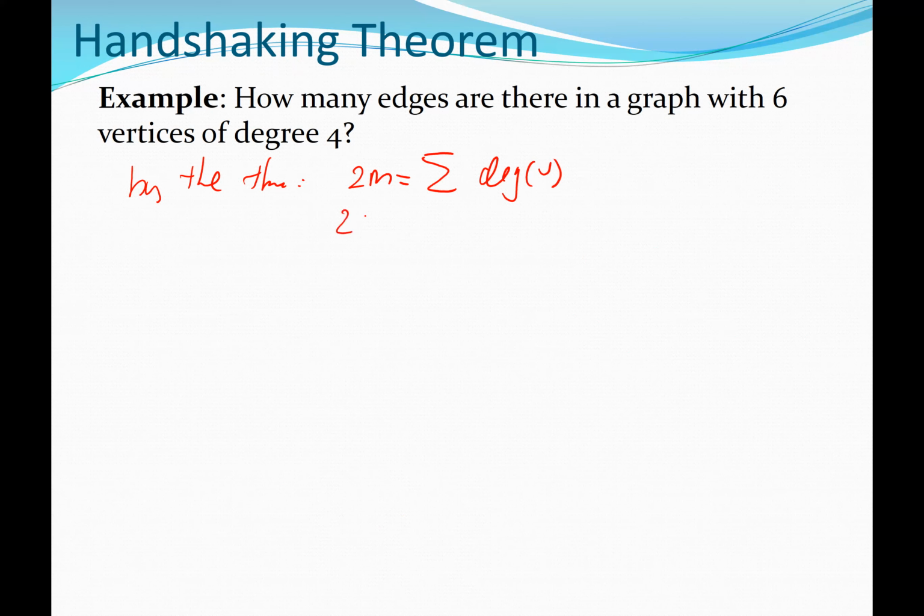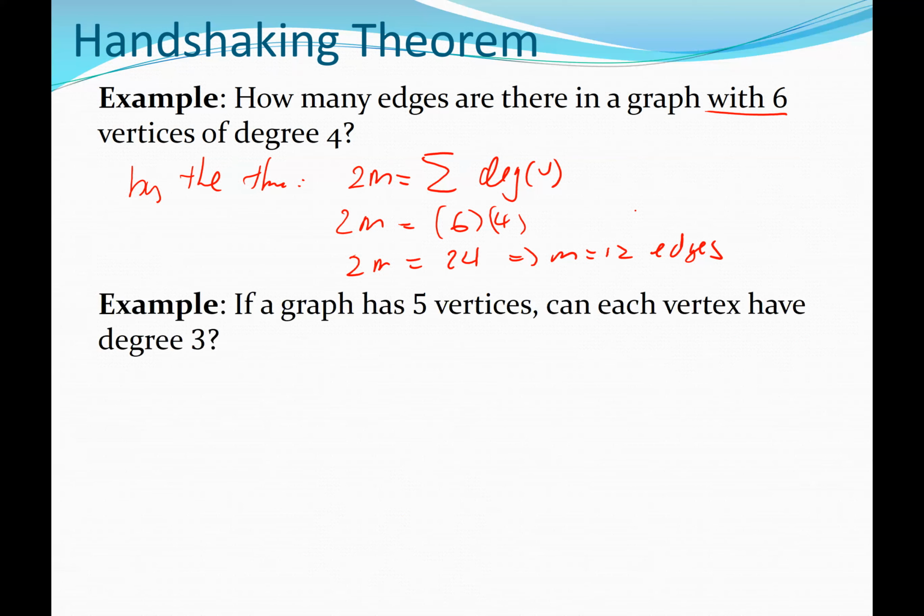So 2m is equal to 6 times 4, so you get 2m equal to 24. Therefore, m is equal to 12, so 12 edges. Meaning that if you want to construct a graph based on this information, you should have 12 edges, given 6 vertices of degree 4.